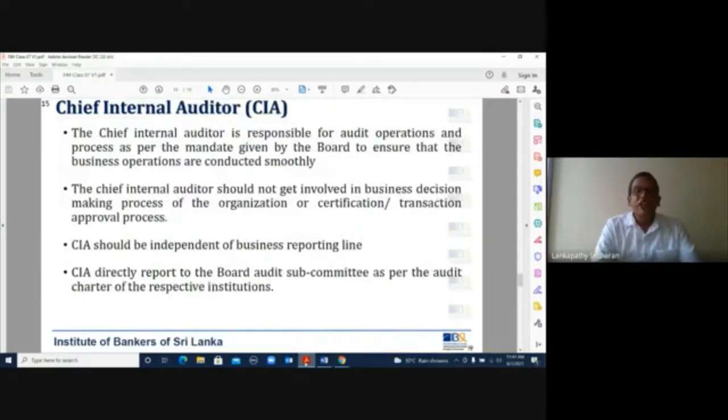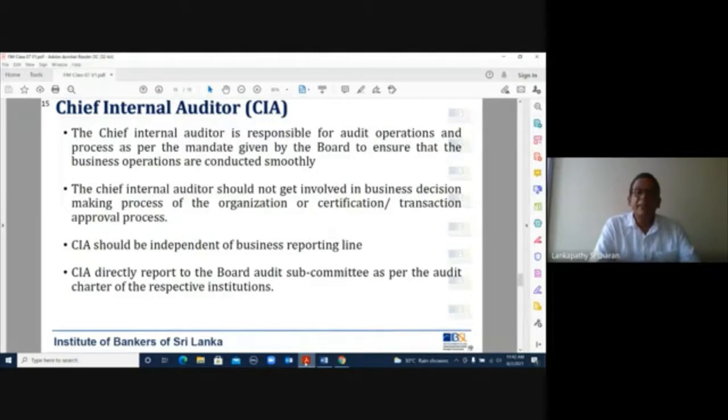And the Chief Internal Auditor, of course, you all know, is the person in charge of the internal audit department, responsible for audit operations and processes as per the mandate given by the board, to ensure that the business operations are conducted smoothly. The Chief Internal Auditor should not get involved in the business decision-making process, to avoid conflict of interest.